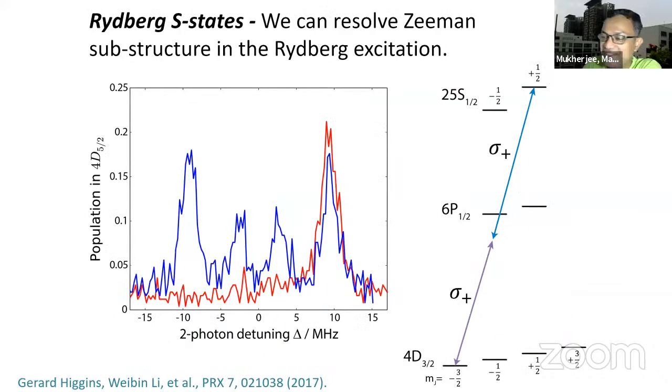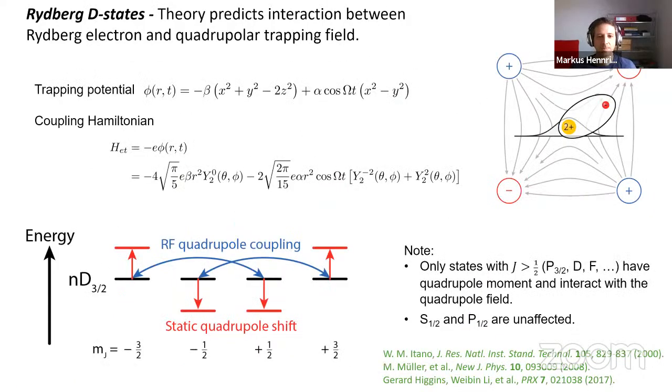Great. Okay. So coming back to the coupling of the D states to the quadrupole field, I said the D states, since they have a quadrupole moment, couple mostly to this oscillating part of your trapping potential. You can calculate the coupling by, it's easiest if you transform this formula by spherical harmonics.